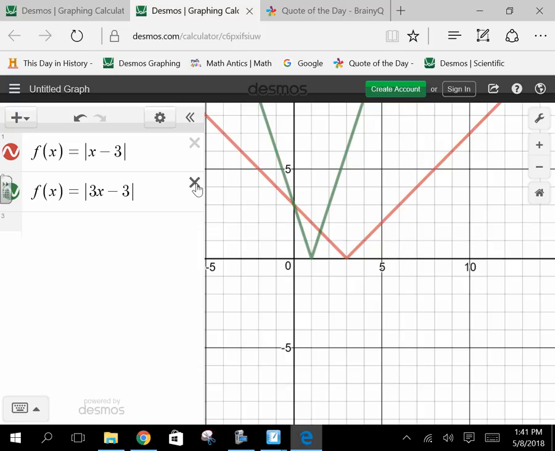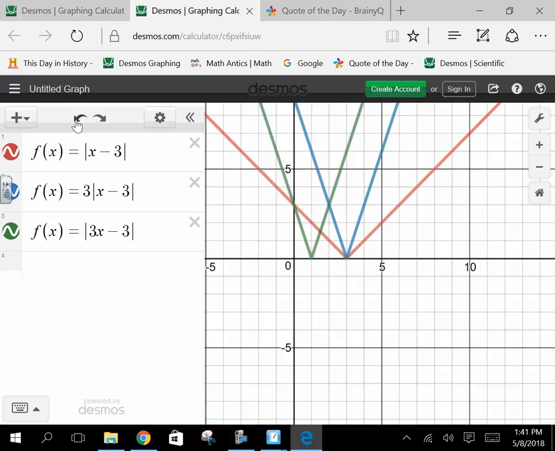All that took place is a horizontal shrink, and look at the vertex. It moved horizontally. It shrunk horizontally. As opposed to the blue one, where the vertex stayed put when the 3 was outside and I stretched it vertically. So this would be vertical if it's outside, horizontal if it's inside.